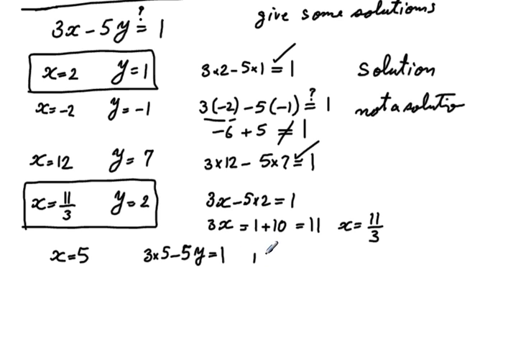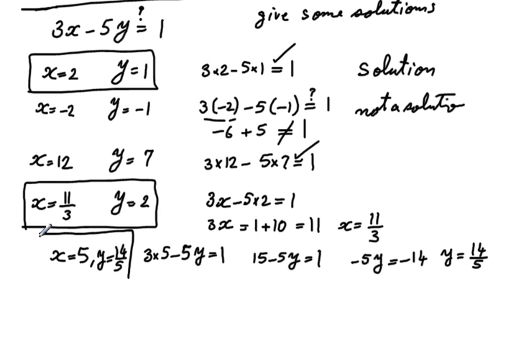So 15 minus 5y, I expected it to be 1. What does that tell me? Minus 5y has to be equal to minus 14. So y turns out to be what number? 14/5, and so on. So in this case, this is another solution. This time we started with x and got the y out of that.